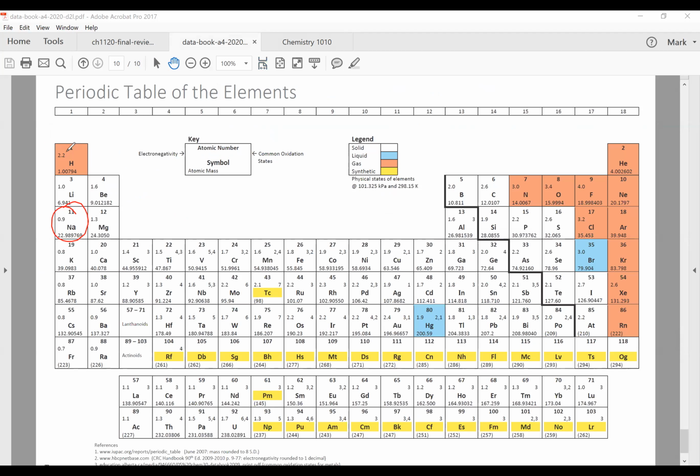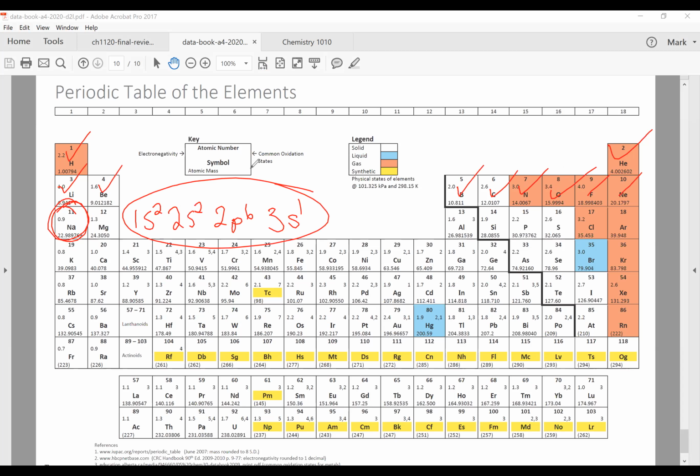So we have 1s1, 1s2, then 2s1, 2s2, then 2p1, 2p2, 2p3, 4, 5, 6, 2p6. And then finally down here, we get 3s1. This is called the electron configuration.